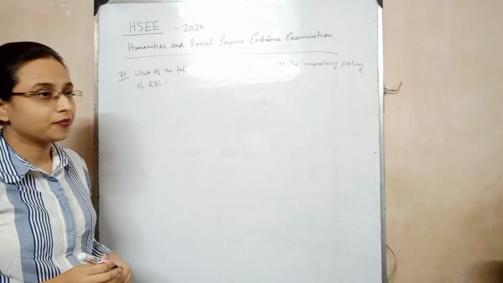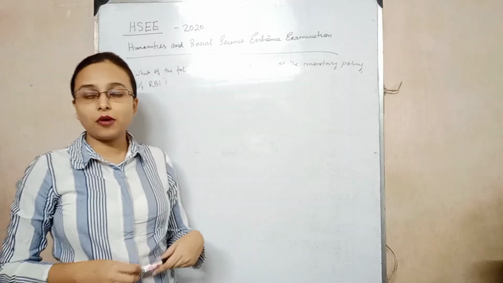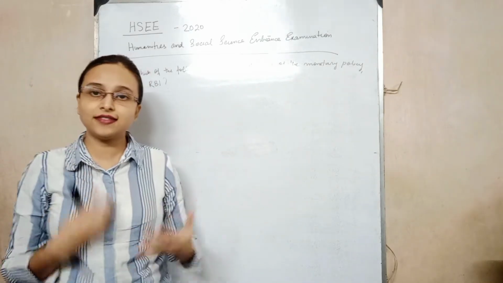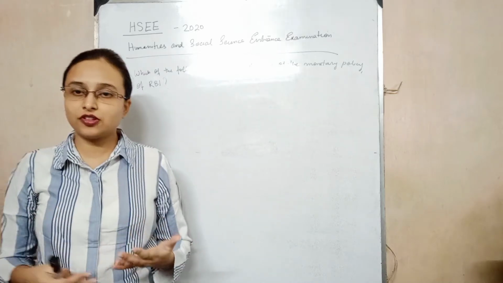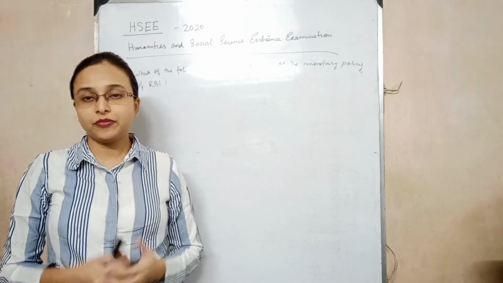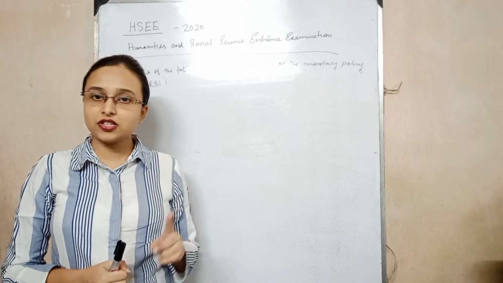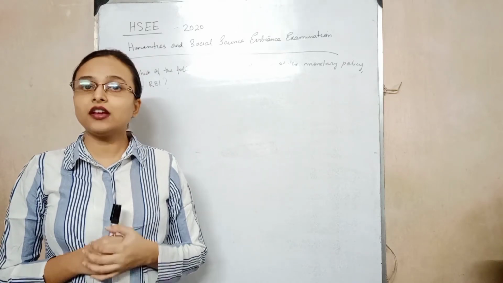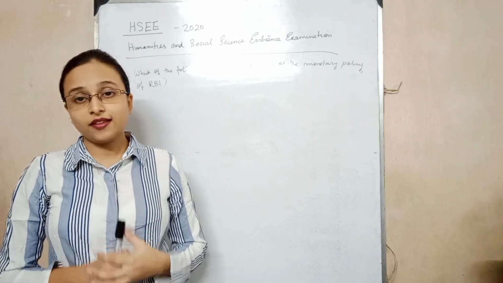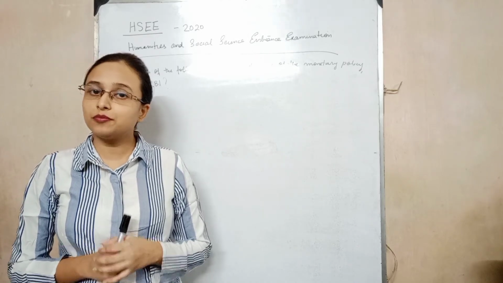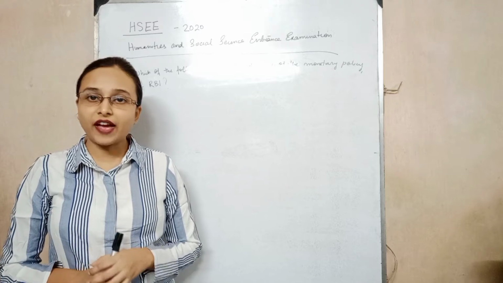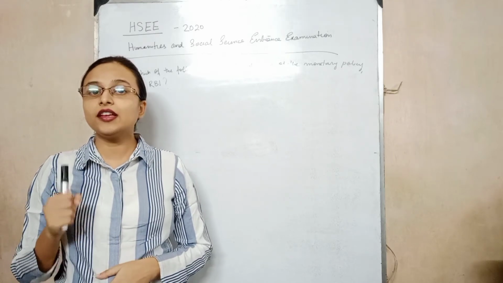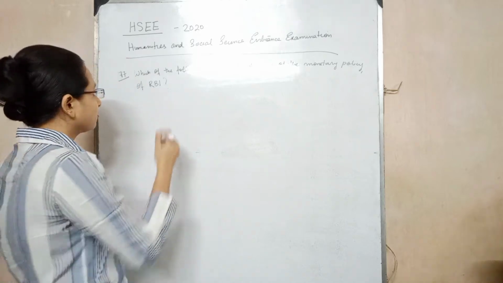This is the question. Now you know, to determine the monetary policy, RBI has various options, that is CRR, that is cash reserve ratio, bank rate, and so on. Options given here are: A, open market operations; B, varying cash reserve ratio; C, varying government purchase; and D, varying the bank rate. So the correct answer will be C, varying government purchase.